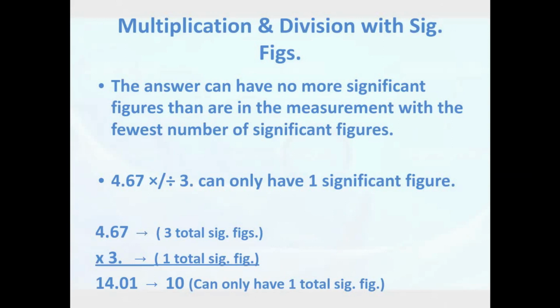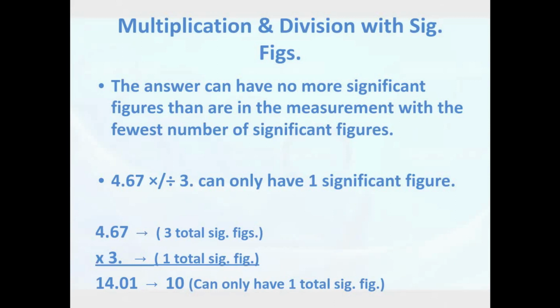So 14, if I'm going to round that to keep 1 significant figure, if I were to round it to 15 or 13 or keep it at 14, that still has 2. So the only way I can round it would be to turn that 4 into a 0. If it was 15, I would round it up to 20, but since it's 14, I'm going to keep it in the tens. So the answer for this is 10.